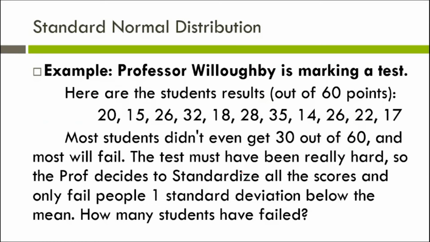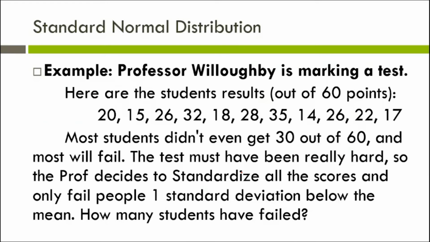As you can see here, only one got more than 30 out of 60 points. And if we check, most of them will fail the test. Now, Professor Willoughby analyzed this and he thought that the test must have been really hard.